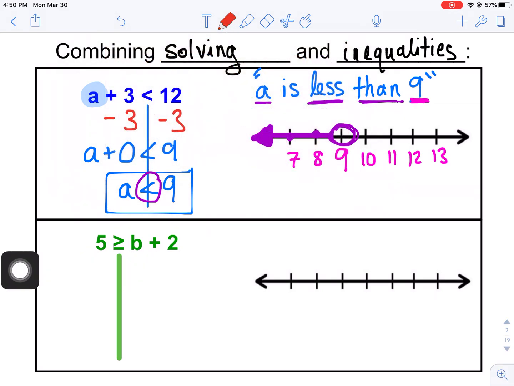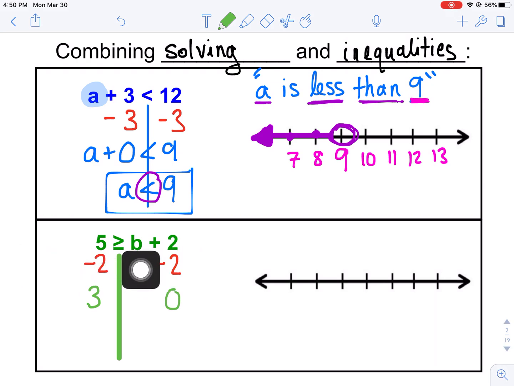The opposite of plus 2 is minus 2. And remember, we need to do the same thing to both sides of our line. So on the left side, 5 minus 2 is 3. And on the right side, positive 2 minus 2 is 0.